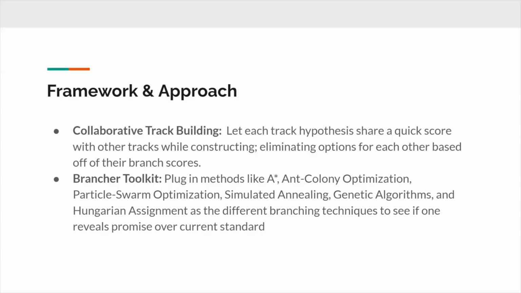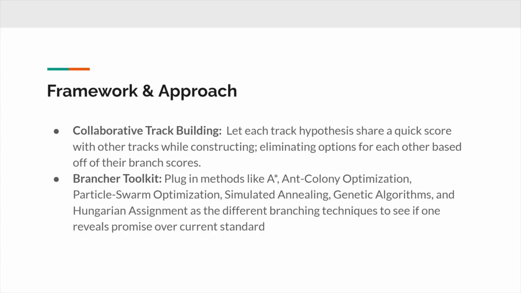So instead of building themselves by trial and error, they can get feedback from other tracks building alongside them. Maybe they'll learn which hits to stay away from because it fits more to some other track, and it can really prune branches earlier or help other tracks branch into the right direction.